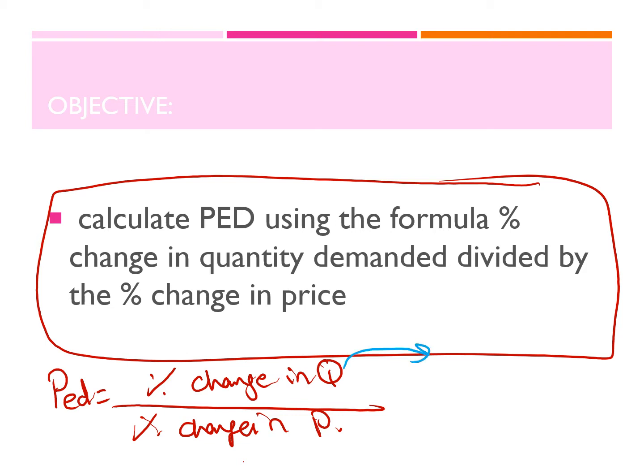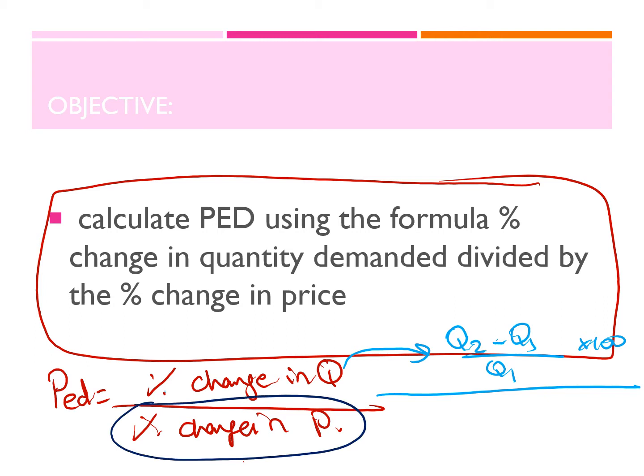The quantity by itself would be Q2, which is final, minus initial over initial, and since it is a percent, I need to multiply it by 100. All of it I have to divide by percentage change in price, which is P2 minus P1 over P1 times 100. Now, if you want, you can cancel the 100 and 100.